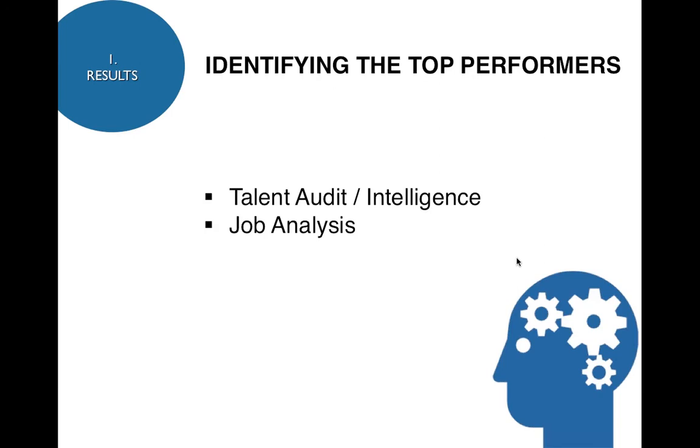And you can also do a job analysis. But the key thing is you need to build a performance model where you can quantifiably show why they are the top performers in your organization.